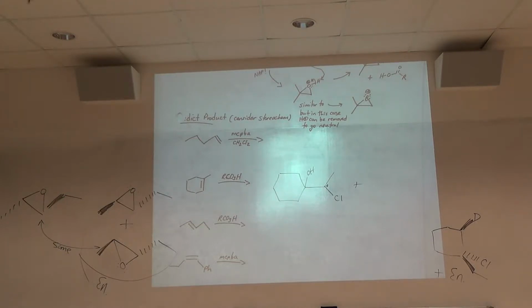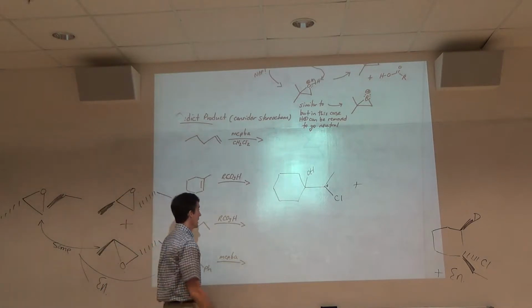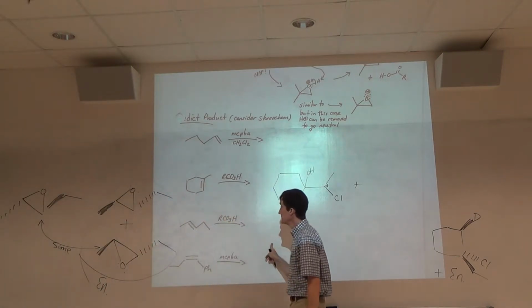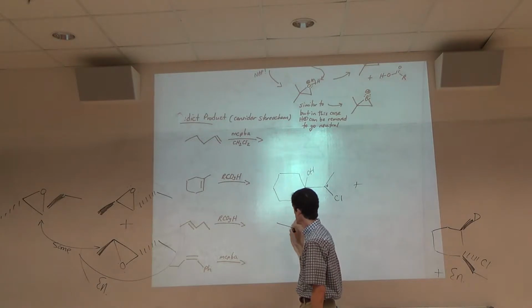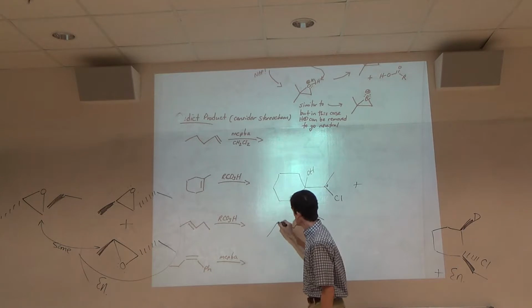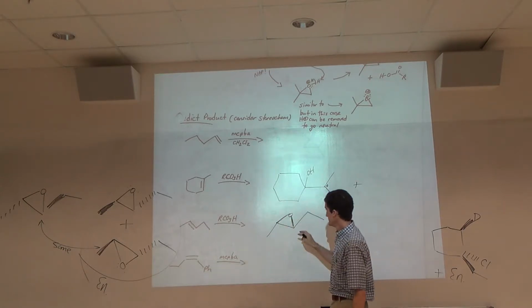So what kind of mistakes could be made here if you were going to draw a planar ring anyway, starting with trans alkenes? The way I drew it first was I put the oxygen bonds dashed and bold.